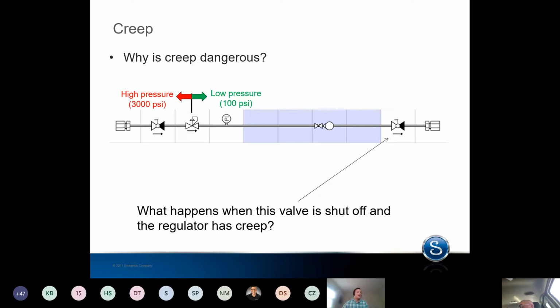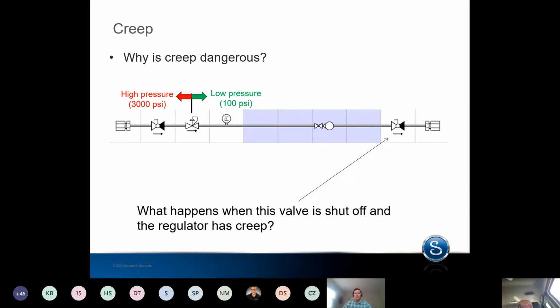Eventually, over time, or sometimes very quickly, this downstream section could creep up from 100 psi to 120 to 170 to 250, up and up, and eventually damage these gauges or whatever piece of equipment we have here. Here it's a flow meter, but it really could cause some problems in the system.